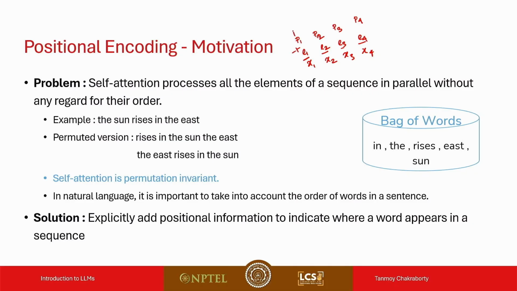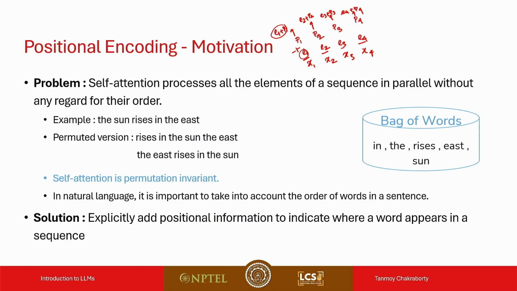The resultant vector is e1 plus p1, right? Addition is element-wise addition. So e2 plus p2, e3 plus p3, e4 plus p4. This is now fed to the self attention block. So instead of feeding e1, you now feed e1 plus p1.